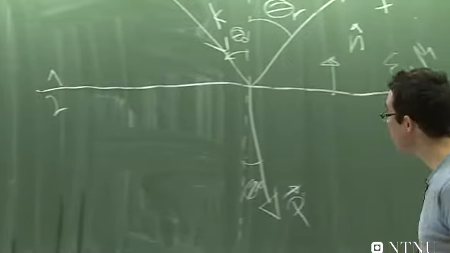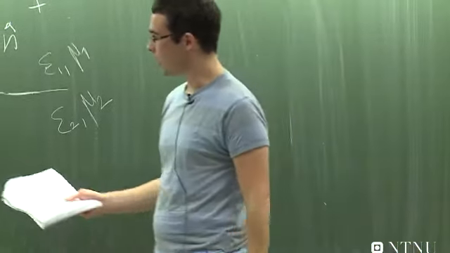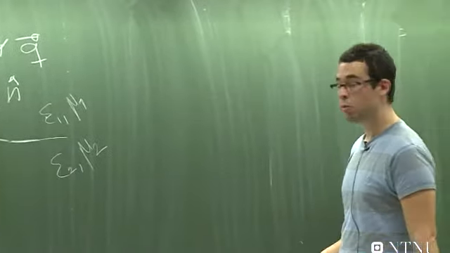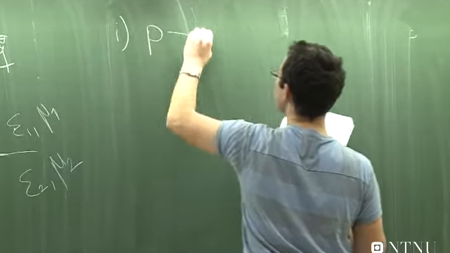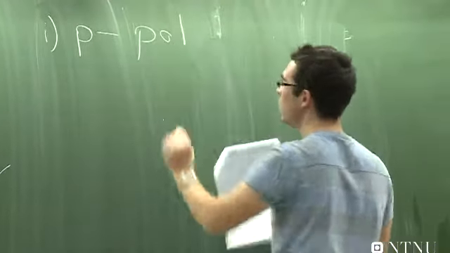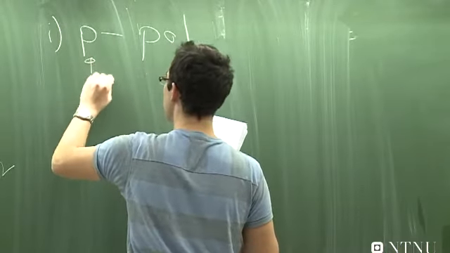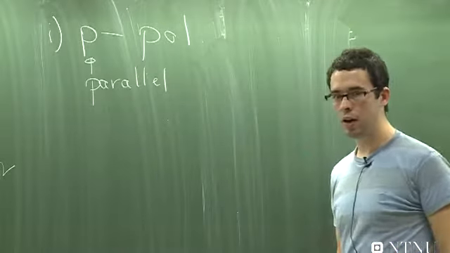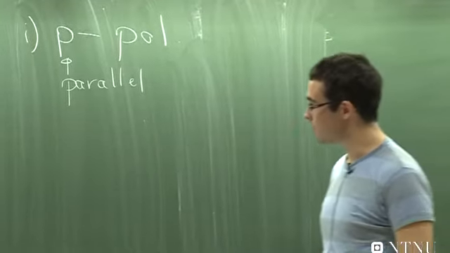And then I will now investigate two different polarization cases here. And these are called the P polarization. And the P means parallel. And when I say parallel, I mean that the E field is in the plane of incidence.